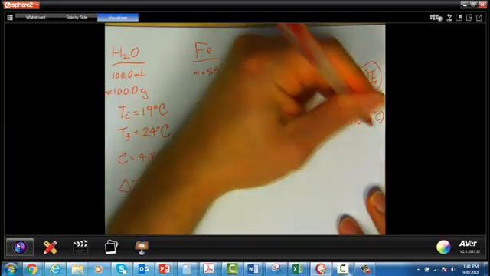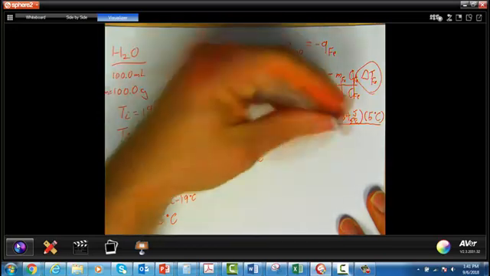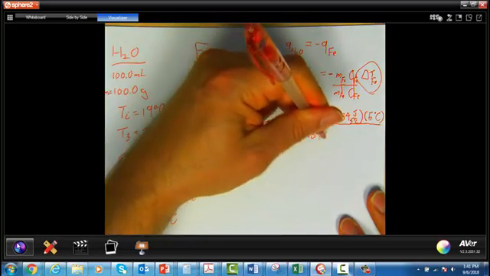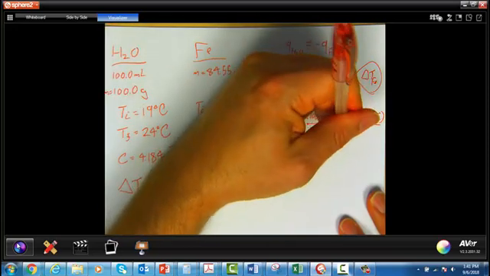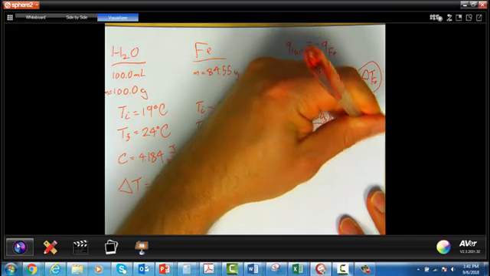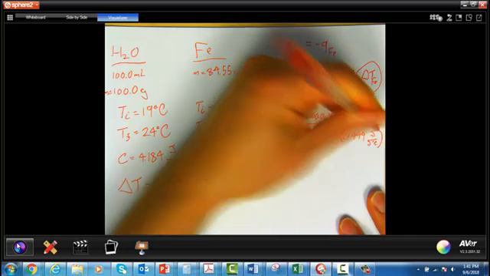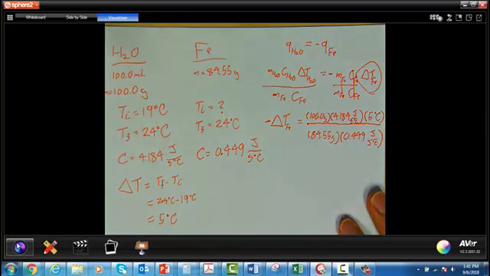5 degrees Celsius, and then that is divided by the mass of the iron. We had 84.55 grams, and then specific heat of the iron is 0.449 joules per gram degrees Celsius. Okay, so that's for the delta T of the iron.